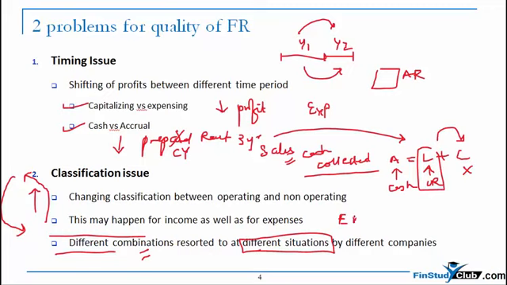If the firm wants to avoid a merger and acquisition bid by becoming unattractive, they would like to push down their EBIT. How would they do that? The non-operating expenses will be included in operating aspects, and some of the operating incomes will be taken out and shown as non-operating. So obviously a combination of that will pull the EBIT down. Okay, so these are like the two small problems, very easily understood.